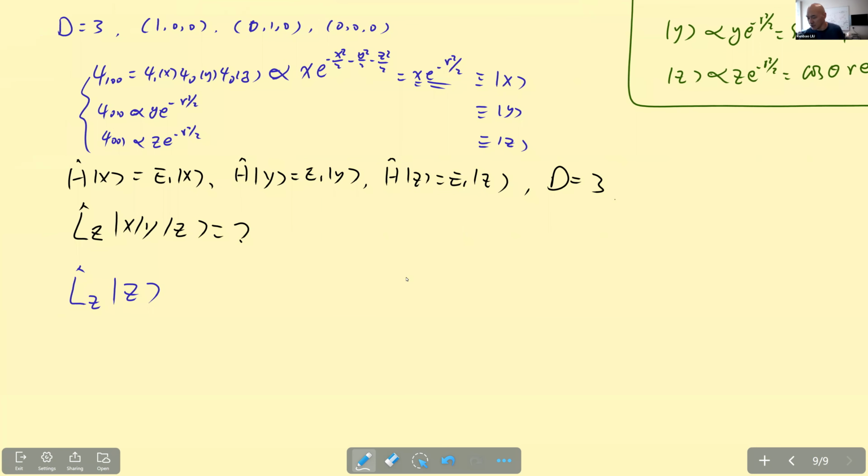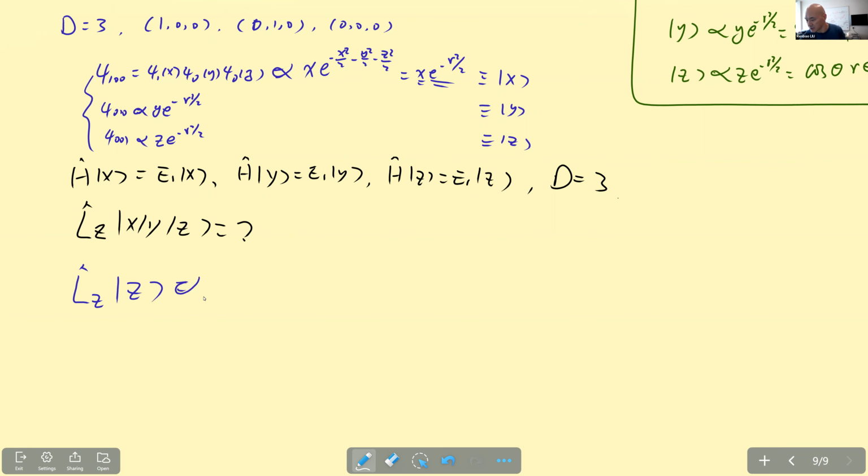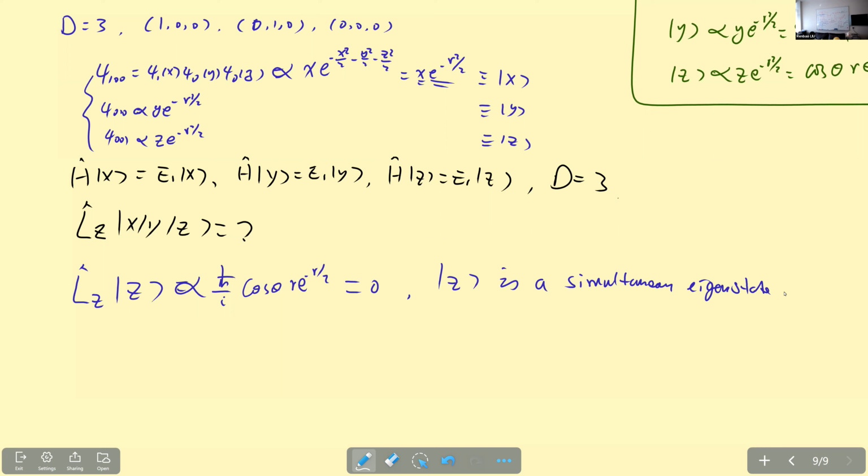So if we do the differential, it's proportional to h bar over i, cosine theta, r e to the minus r squared over 2, and this obviously is z. So that means z is a simultaneous eigenstate of H and Lz, right?